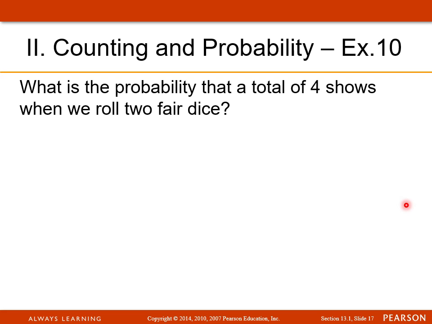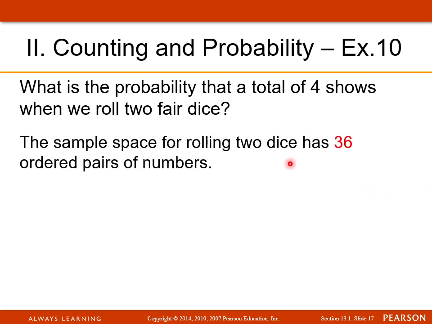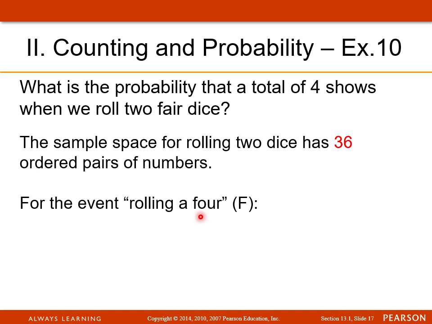What is the probability the total of 4 shows when we roll 2 fair dice? Remember, there are 36 total outcomes possible on our dice. In order to get a total of 4, we can get a 1 and a 3, a 2 and a 2, or a 3 and a 1.